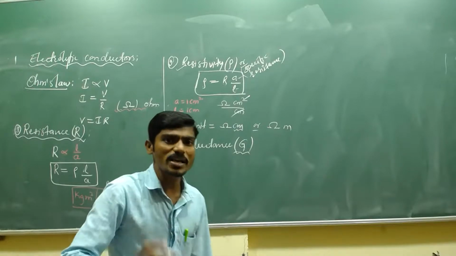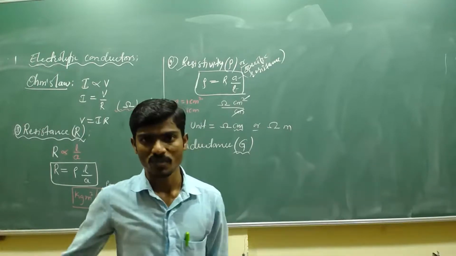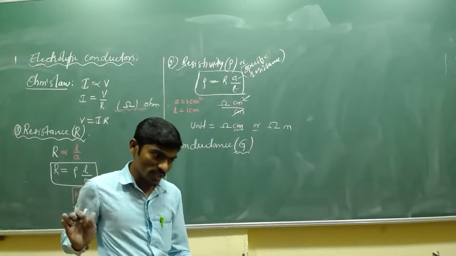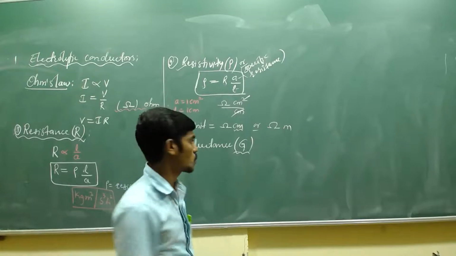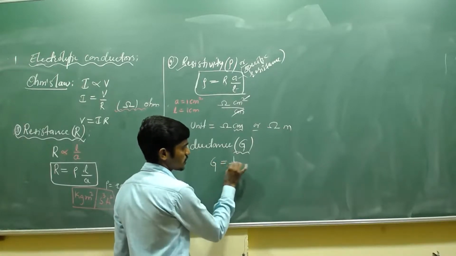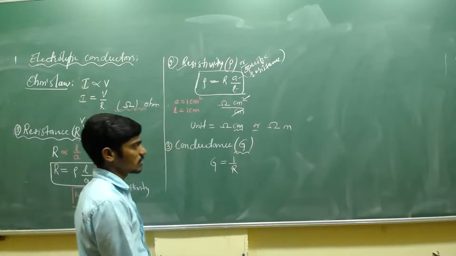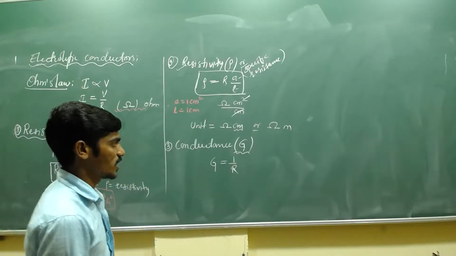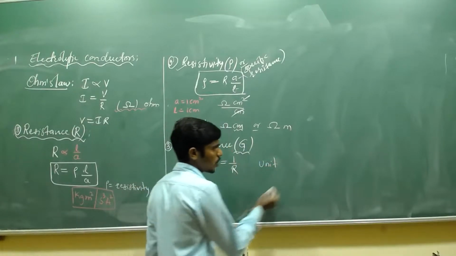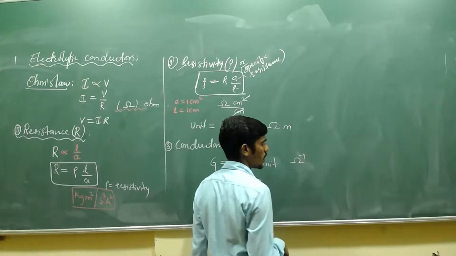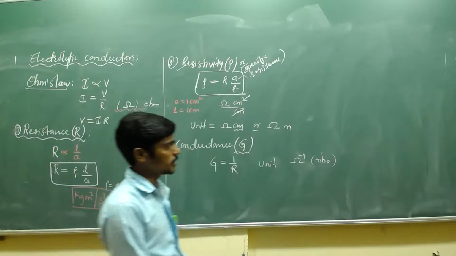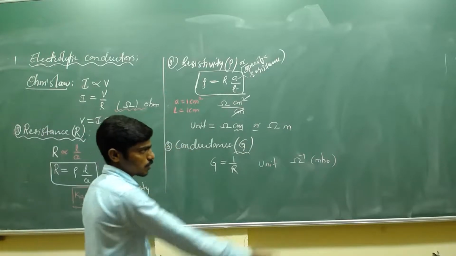That is the ease with which the current flows, because resistance is opposition. So conductance is the ease with which the current flows through it. Inverse of resistance is known as conductance, and its unit is 1 by ohm, per ohm.